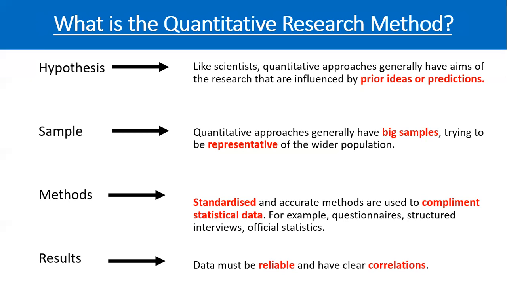So let's say you're a Marxist and you employ a quantitative research approach, you might make some predictions that lead your inquiry, your research. You might want to explore the relationship between employment and mental health, or people's economic position and mental health. So you have a prediction whether there is a correlation between that or not. That's a hypothesis there.